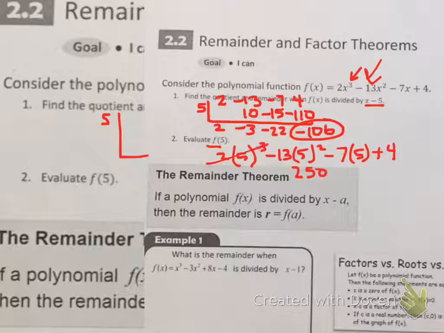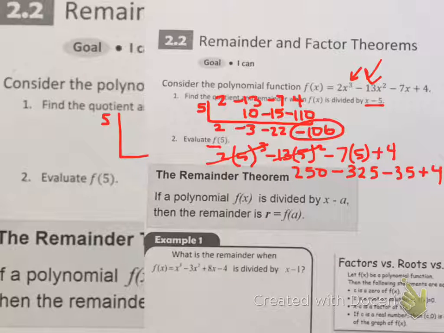So the first number came from there. 5 squared is 25. 25 times 13 is 325. It's negative because of the sign out in front. Negative 7 times 5 is a negative 35, and then we have plus 4.